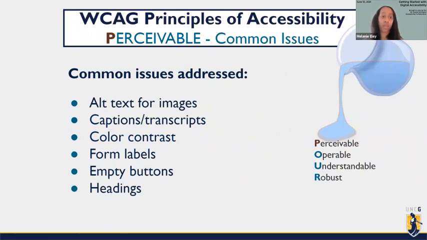Some of the common issues addressed with perceivable are alt text for images, captions and transcripts for video and audio recordings, color contrast, form labels, empty buttons, and headings.